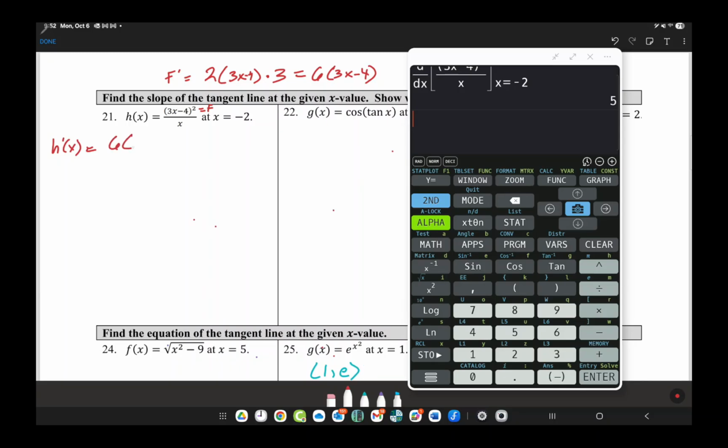So 6 times 3x minus 4, times x minus the derivative of x, which is 1, times 3x minus 4 squared, over x squared. 6 is 3 times 2. Plug in negative 2.